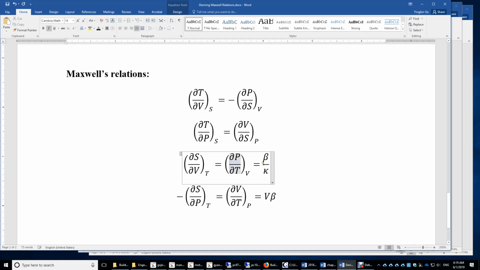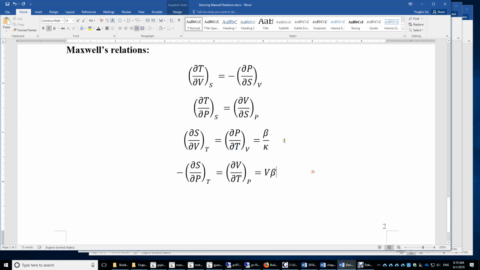So for an ideal gas, delta P over delta T is simply P over T or nR over V, and then we can compute this entropy change to be nR times ln V final over V initial for an ideal gas. For solids and liquids, you simply look up the values of beta and kappa.